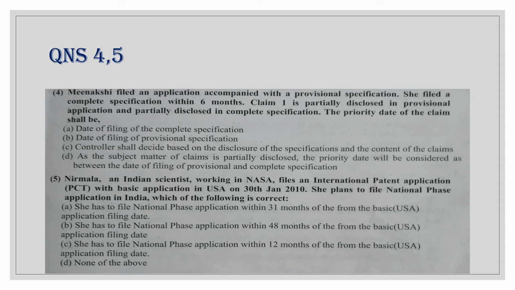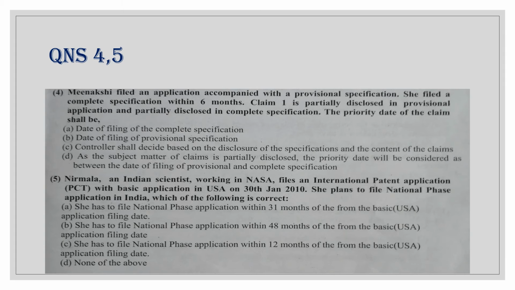For example, here as we are talking about the Indian scientist working in NASA, who plans to file the national phase application in India. So taking care of all the situation for this Indian scientist, the answer will be option A. She has to file national phase application within 31 months of the basic USA application filing date.